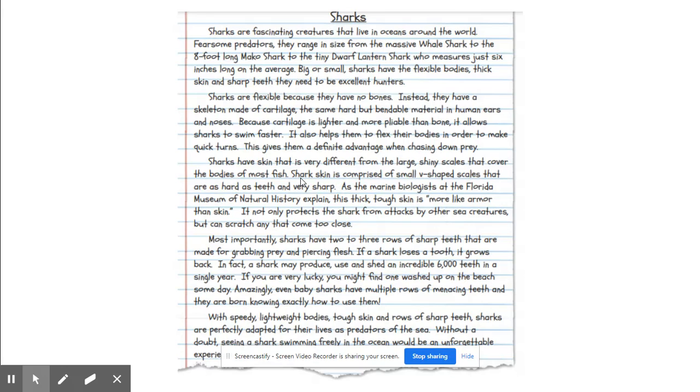Sharks have skin that is very different from the large, shiny scales that cover the bodies of most fish. Shark skin is comprised of small V-shaped scales that are as hard as teeth and very sharp. As the marine biologists at the Florida Museum of Natural History explain, this thick, tough skin is more like armor than skin. It not only protects the shark from attacks by other sea creatures, but can scratch any that come too close.